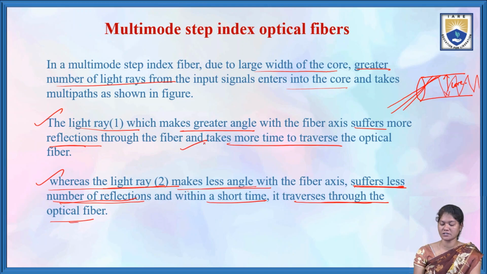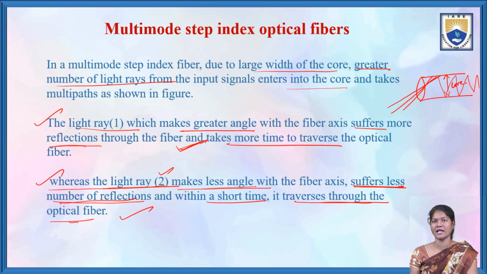So ray 2 takes less time and we can see it at the output first, and then, because of more reflections, light ray 1 we can see later at the output.